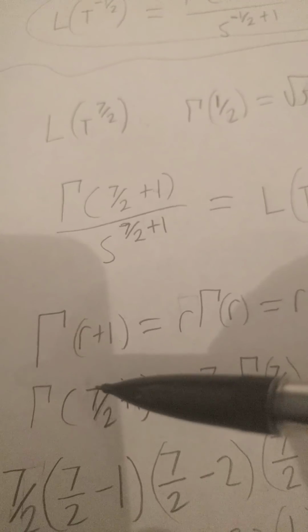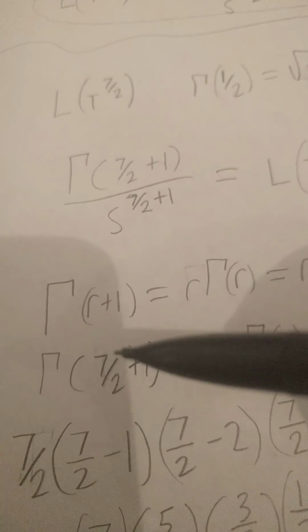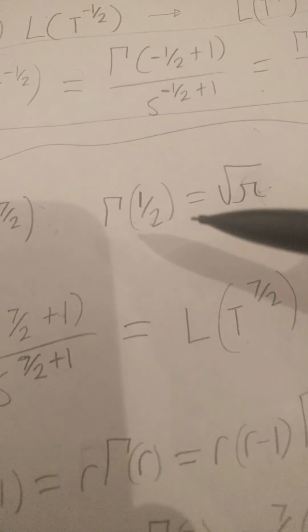And then we can do that ad nauseum until we get the 7 over 2 plus 1 to equal 1/2. So we're just going to keep subtracting by 1, and that's because we know the gamma function of 1/2.